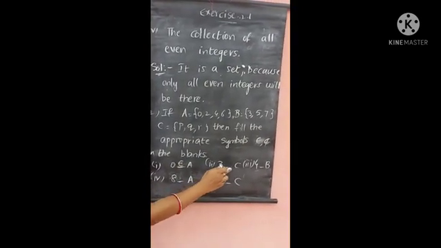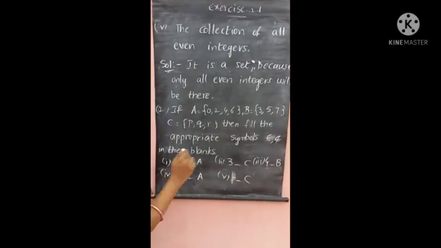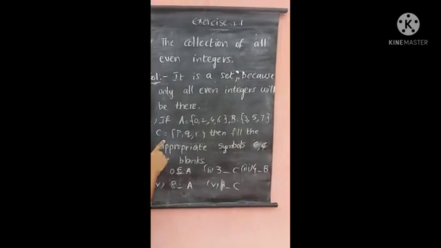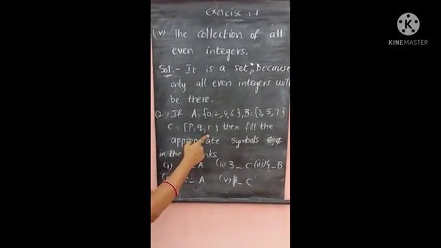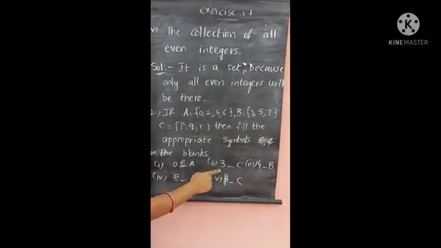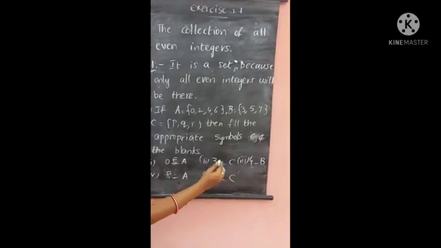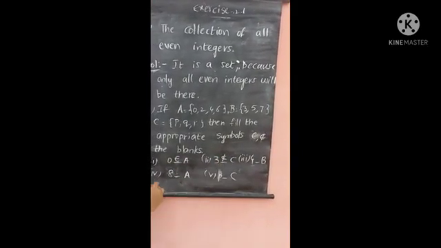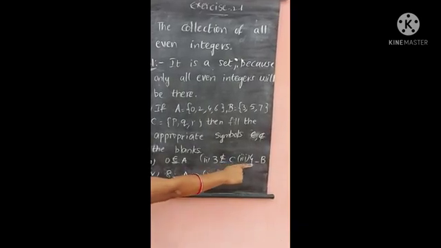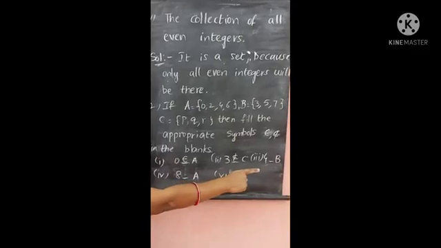Next, see the second one. 3 dash C. Is 3 the element of the set C or not, we have to see. What are the elements of C? P, Q, R. Only P, Q, R are the elements of the set C. 3 is not there. So we have to use which symbol? Does not belong to. 3 does not belong to the set C. See the third one. 4 dash B. Is 4 the element of the set B or not, we have to see.